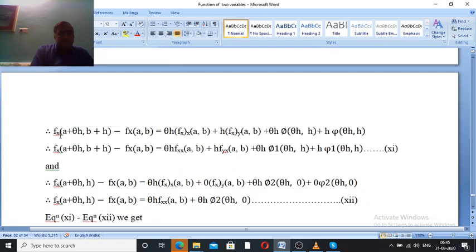From the first difference, fx(a+theta h, b+h) minus fx(a, b). Since fx is differentiable, the function f is differentiable at x.